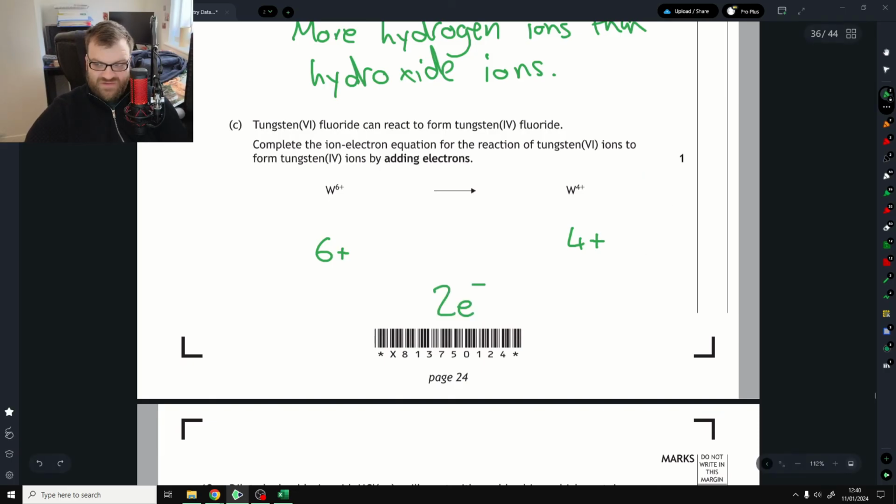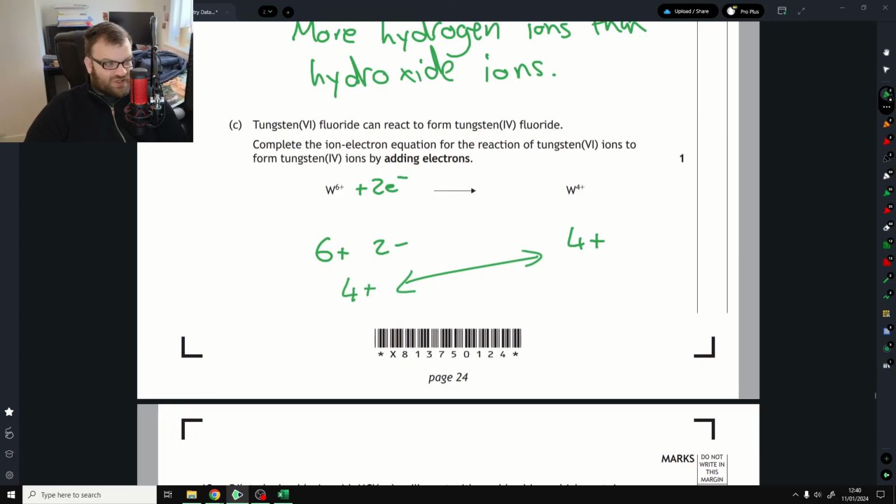If I put the 2 electrons on the left-hand side, I've now got 6 positive and 2 negatives. That will bring the charge down to 4 positive, and that means they are both the same charge on each side. It doesn't need to be 0, it just needs to be the same charge on both sides.